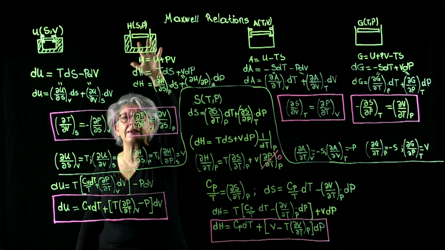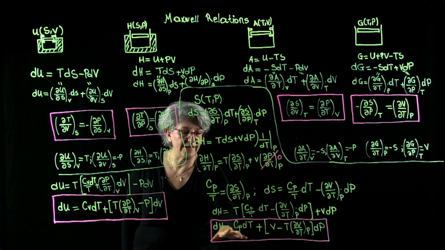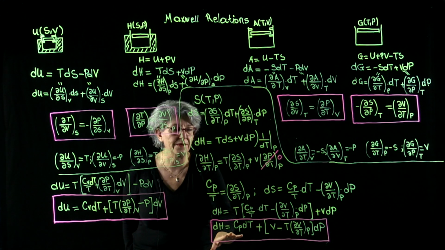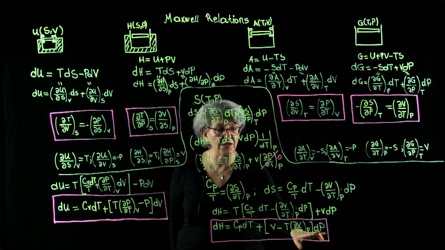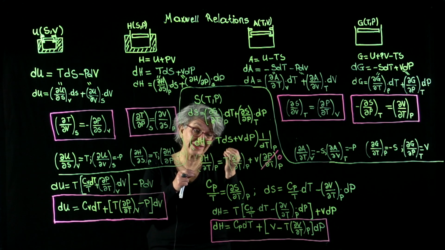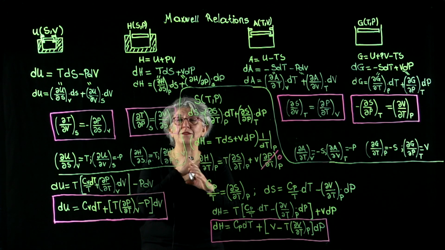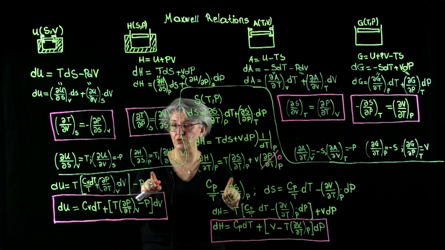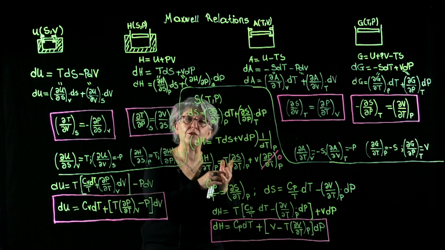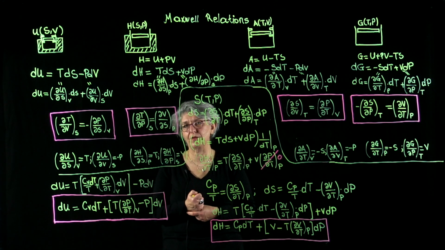Then we moved to a domain where we have an expression that allows us to estimate enthalpy in terms of temperature and pressure, because temperature and pressure are measurable. Temperature is a measurable variable, more measurable than entropy. All right, so those two equations are going to allow us to estimate almost all properties of real fluids.